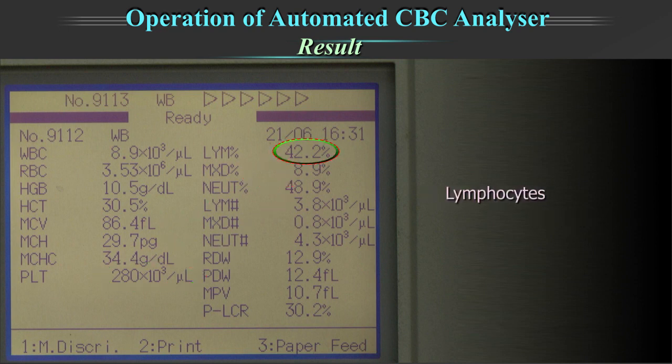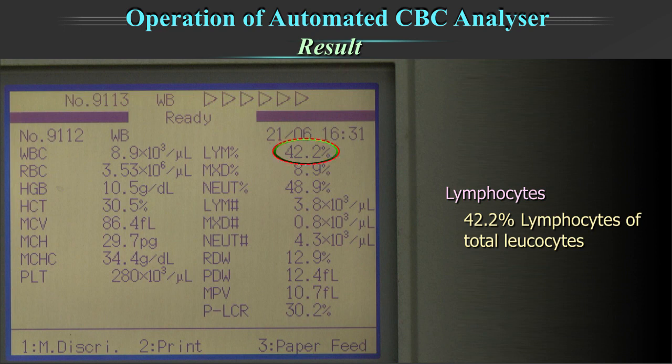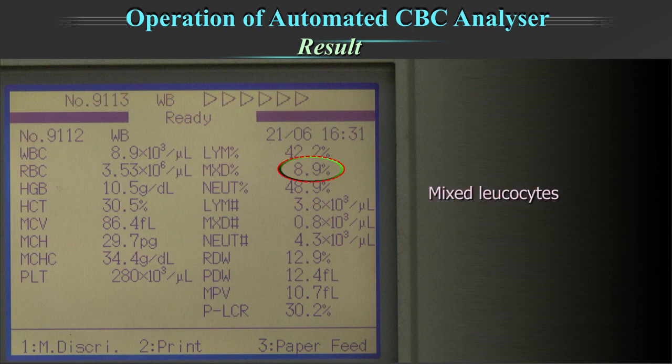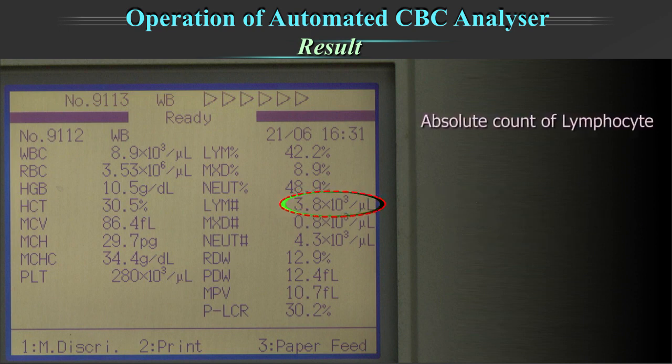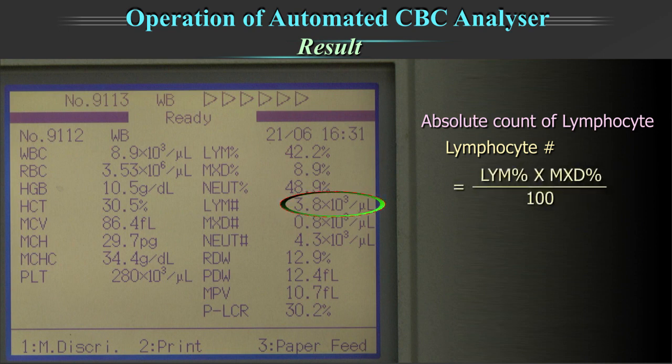The lymphocyte percentage is 42.2% lymphocytes of the total leukocyte count. Mixed percent is 8.9% of the total leukocyte count. Neutrophil percent is 48.9%. Lymphocyte hash is the absolute count of lymphocyte, which is calculated using the total WBC count.